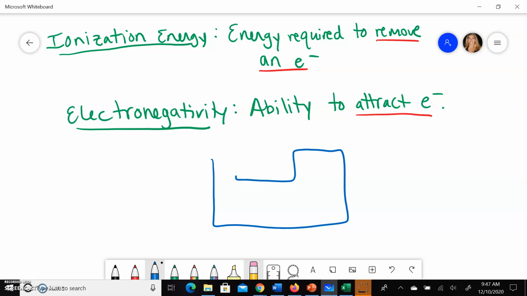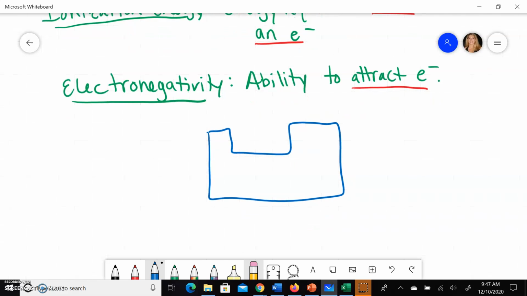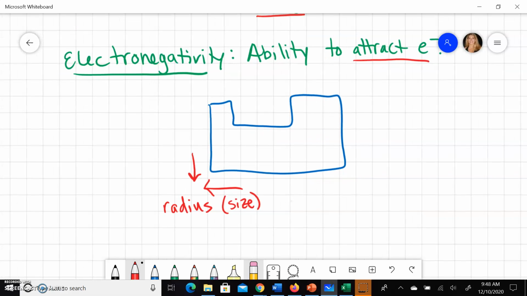So here's our periodic table. There are two trends that increase towards this bottom left corner. That is the radius, which is a fancy way to say the size of the atom. Atoms are going to increase as you go down a column because you're adding energy levels, and they're going to decrease as you go left to right because you're adding protons.